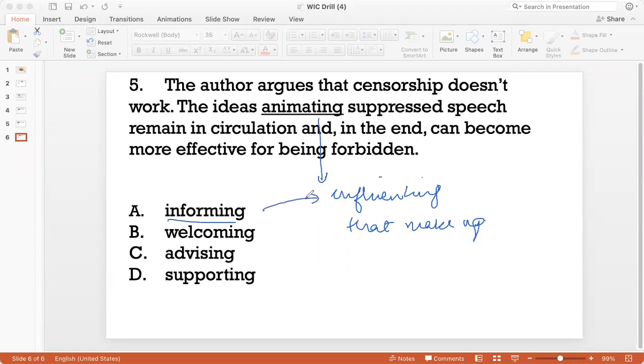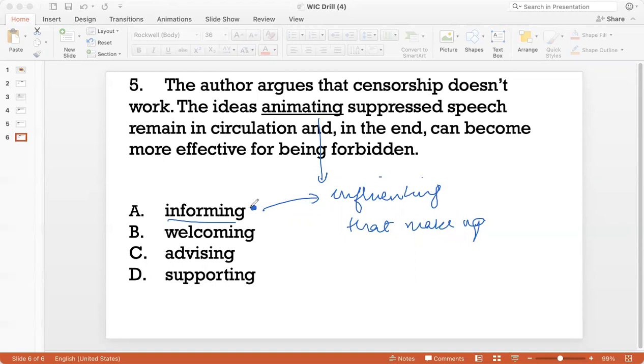For example, religion informs every aspect of our lives, right? Religion influences, it pervades every aspect of our lives. So this is not the usual meaning of inform, the usual meaning of inform being to inform someone of something, right? To tell someone of something. But here, the other meaning of inform, that is to influence something, is being used. So I actually like informing because it can be used in the context of influence.